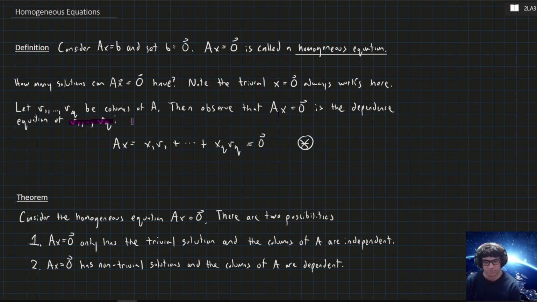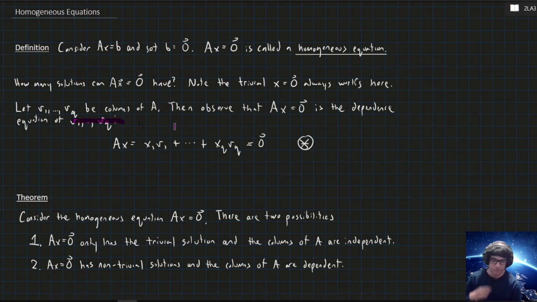Remember, when we were talking about linear independence, we had this starred dependence equation which we studied, and it looked exactly like this. If this equation had only the trivial solution, that is, only when the x's are all 0 is this true, then the vectors were independent.